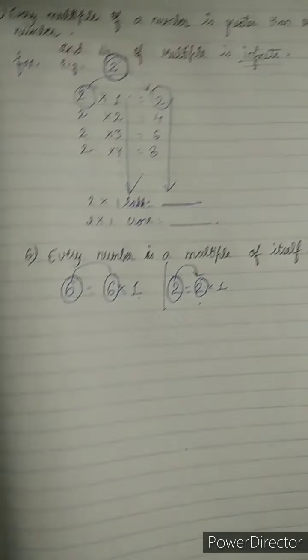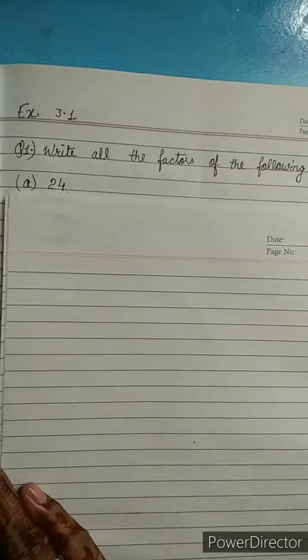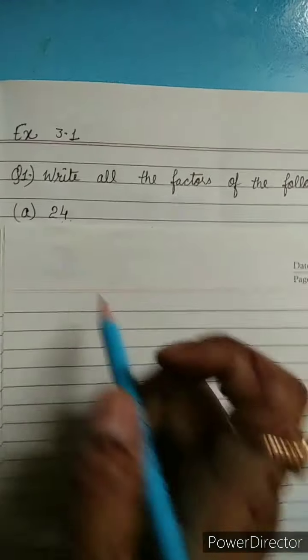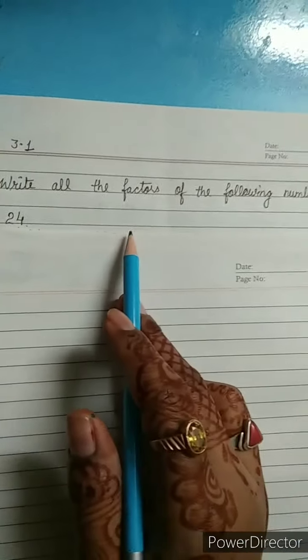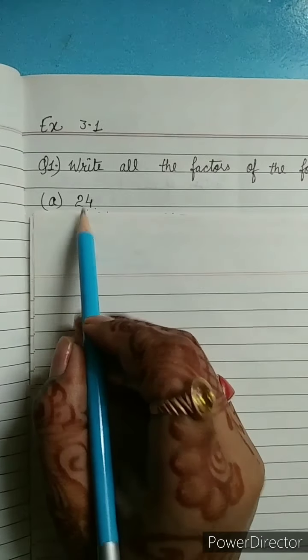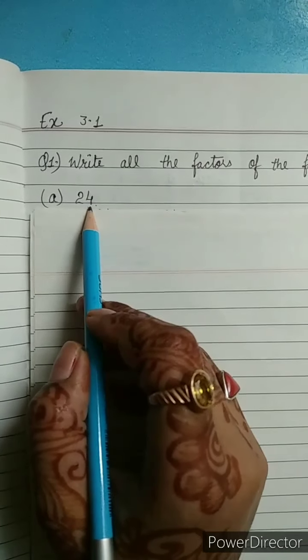After this we will start our exercise 3.1. Its question is: write all the factors of the following numbers. Firstly we have 24. It means we have to check in which tables 24 is coming.